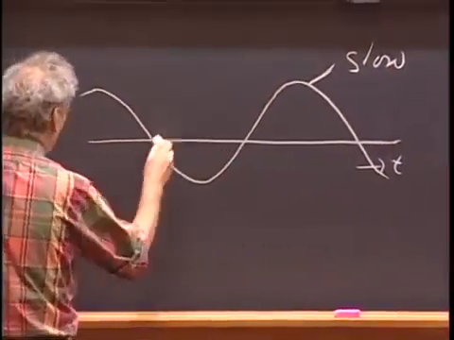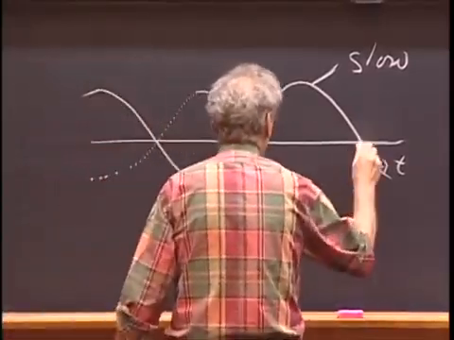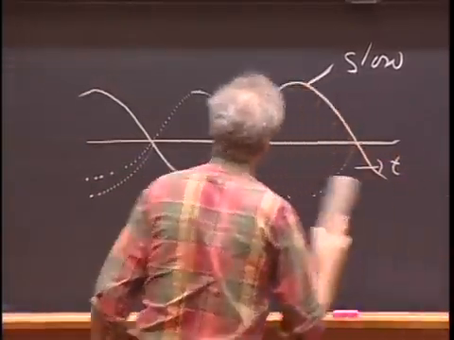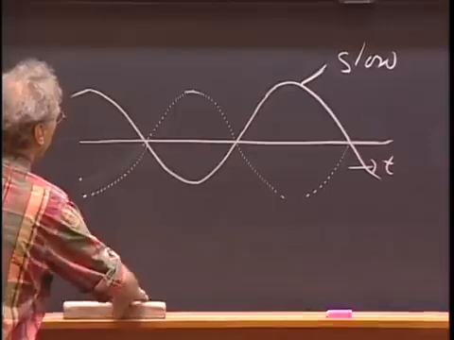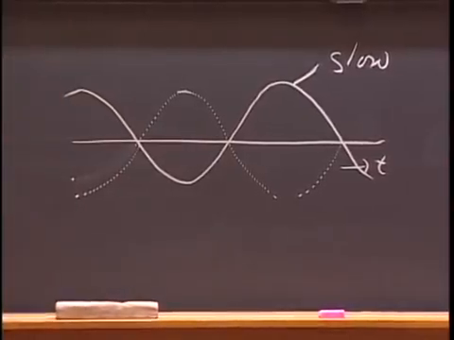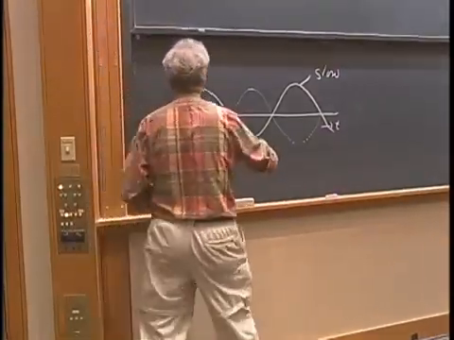And I will make also a dotted line here to guide my hand when I'm going to make the plot. So what you're going to see now is that the fast term goes shh, and the slow one goes like this. And the net result is this.